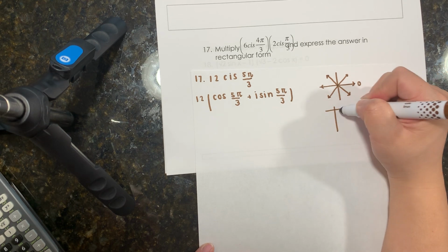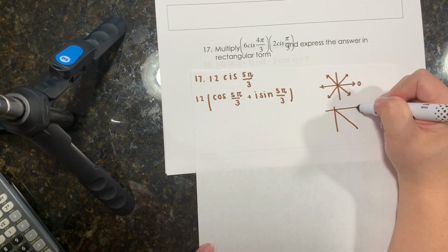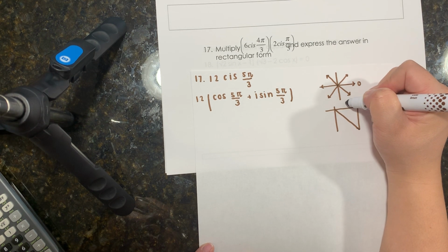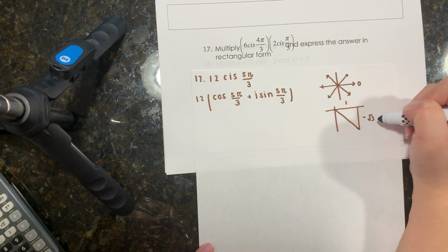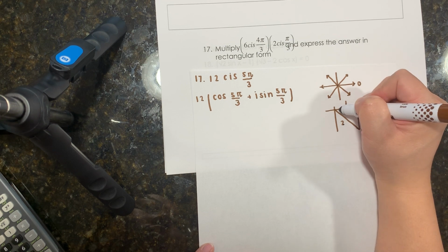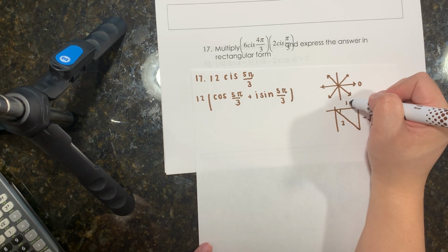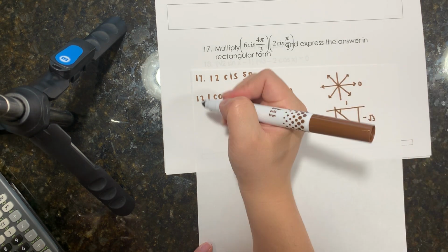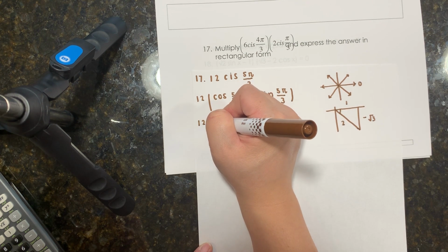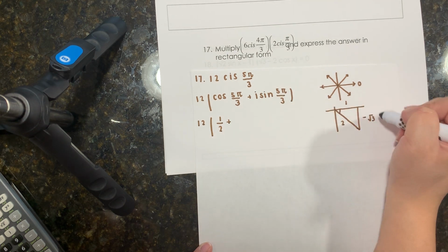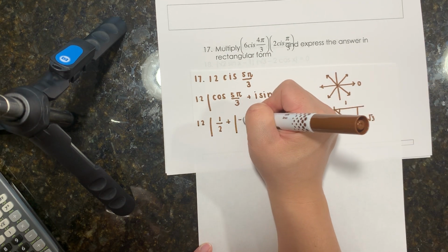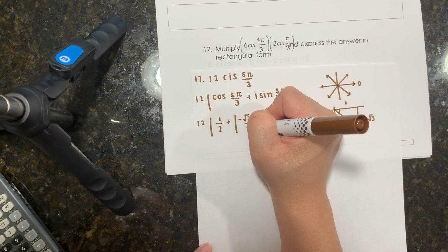And anytime the denominator is 3, that's a 60-degree angle. So that would be positive 1 to the right, down -√3, and then the hypotenuse is 2. So the cosine of this triangle would be adjacent over hypotenuse, which would be 1/2, plus opposite over hypotenuse, which would be -√3 over 2, but don't forget your i.